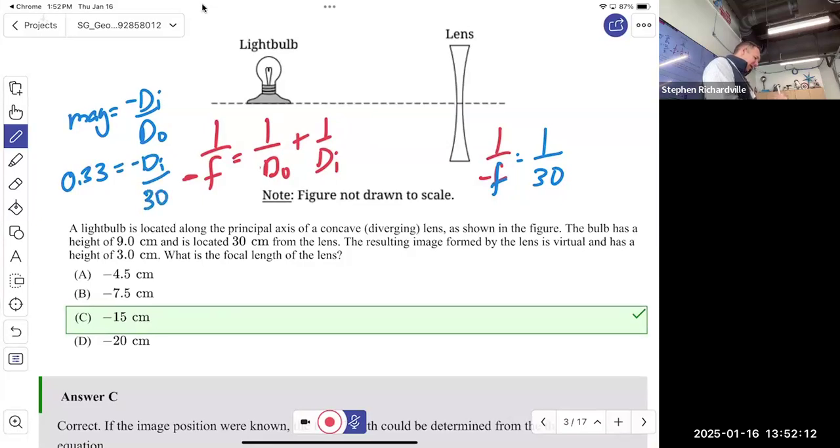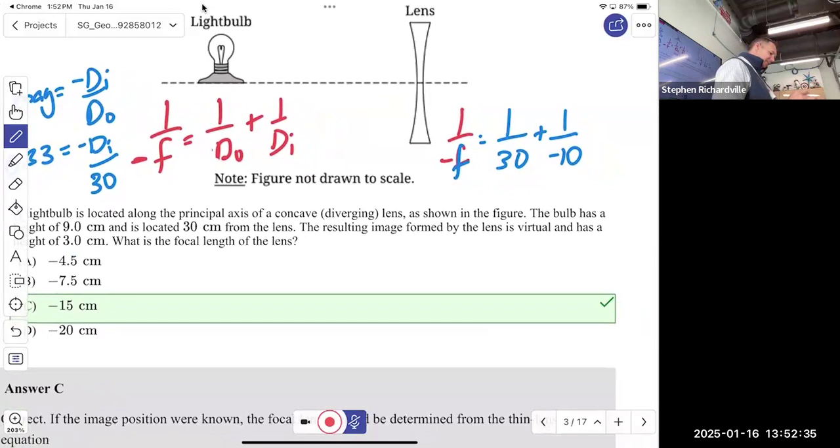So this is a little bit more complicated problem. So my di then is 10. And something's going on here because I don't have the right answer. What did I do wrong? Helping him. Oh, no, maybe I did.